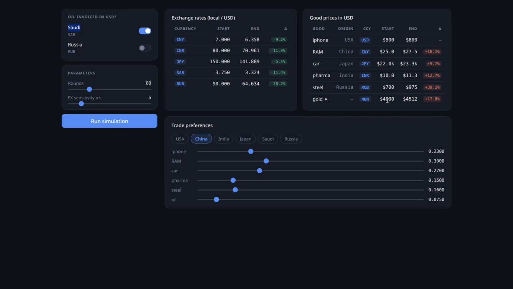So here we see that the price of gold increased from 4,000 to 4,500, and this is like the gold standard, because if anything else changes, for example, if pharmaceuticals from India become more expensive, was it because the dollar became weaker, or is it because the Indian currency became stronger?